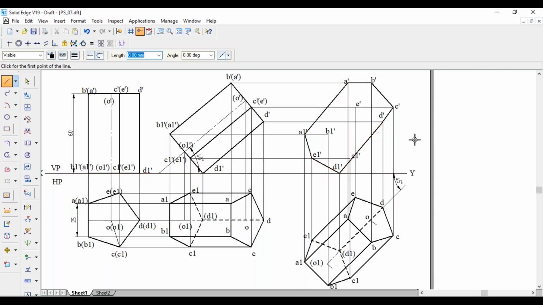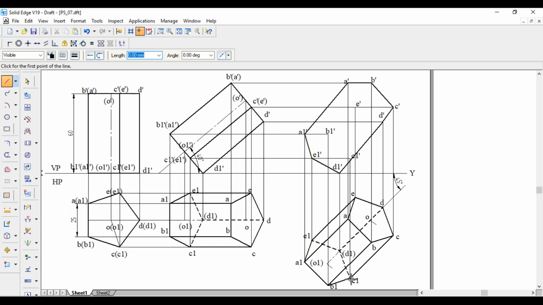Next, as the bottom face is nearer to the observer, it is completely visible. Already we have drawn two lines, that is A1 dash E1 dash and E1 dash B1 dash. We are left with A1 dash B1 dash, B1 dash C1 dash and C1 dash D1 dash.